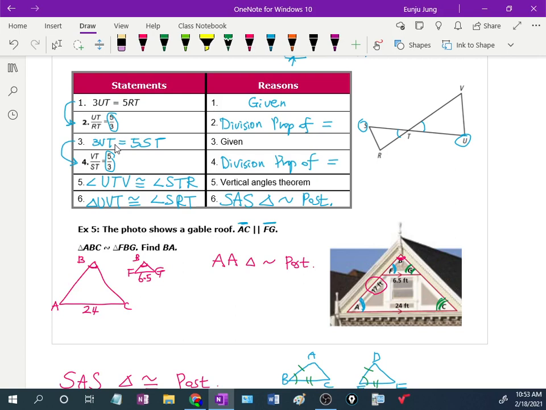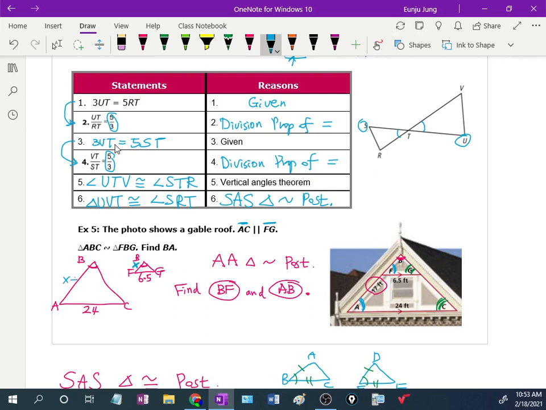AF 17. So what would be the BF then? Can I find BF first? And then we can find AB. Yep, that would be the easier way. So let's find the length of BF, and then let's find the length of AB after that, okay? So I'm going to set this BF as X. If I set this as X, what would be the length of AB?